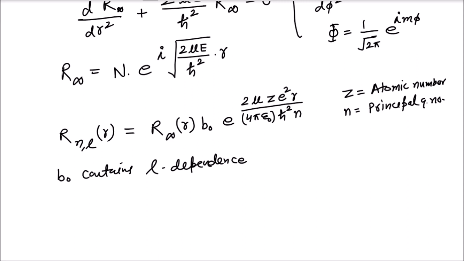The solution of the radial part also fixes the possible energy levels by linking them to the quantum number n.